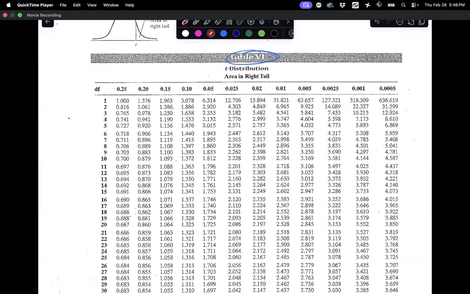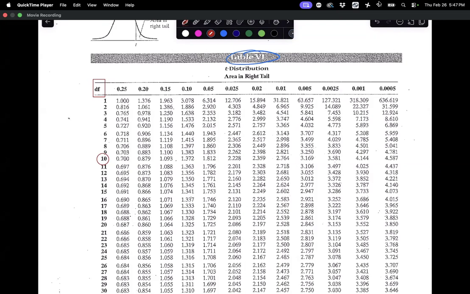On your T table, degrees of freedom is on the left. The left column is the degrees of freedom. That is the sample size. So we're looking at a sample size of 10, right here. And I want the T value for 0.20.